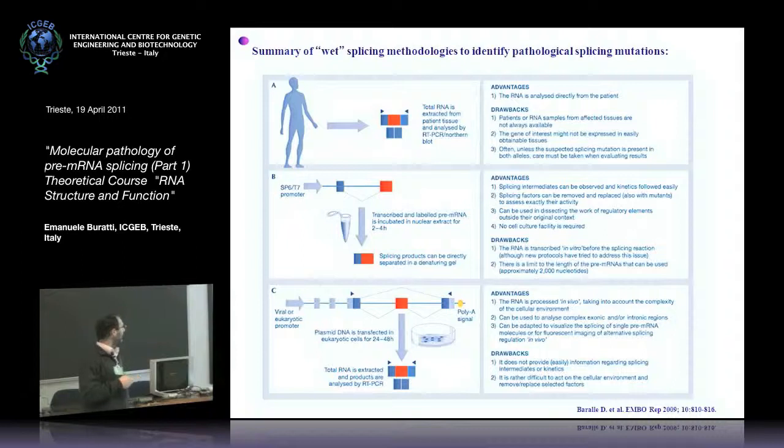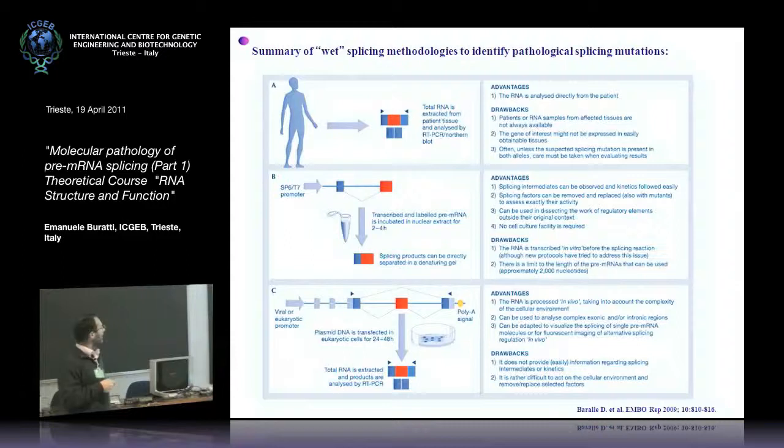Just to say, what is usually easy to obtain from patients are blood mononuclear lymphocytes. So if the splicing defect is occurring in a gene that is not expressed in blood cells, then of course it is very difficult to get the material on which you can do the RT-PCR analysis and see if there is a defect there.